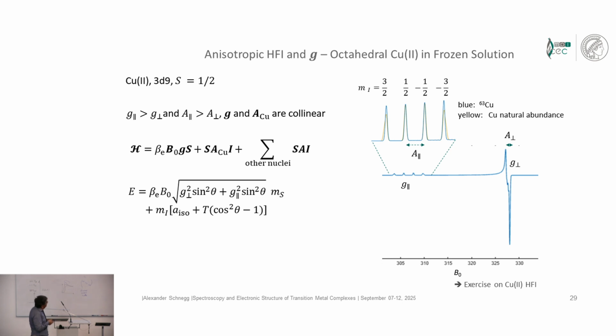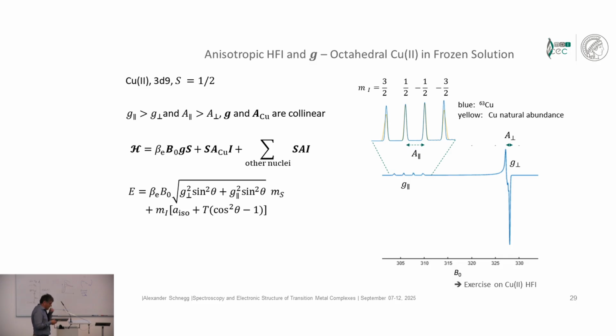The same is true for G perpendicular, but since the hyperfine coupling is much smaller here, it's not resolved. But we will learn about techniques with which even these can be determined.